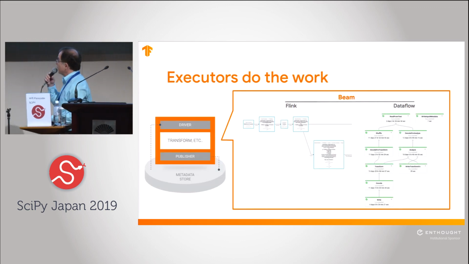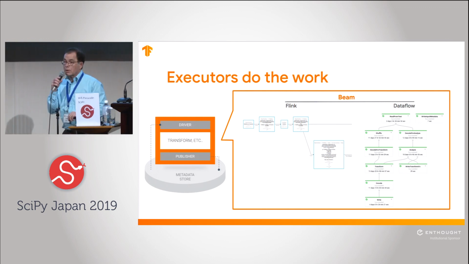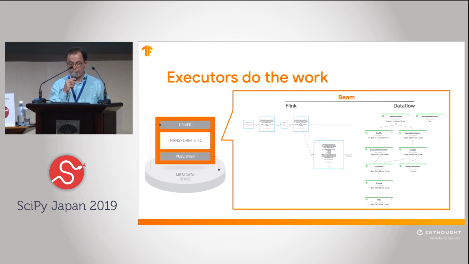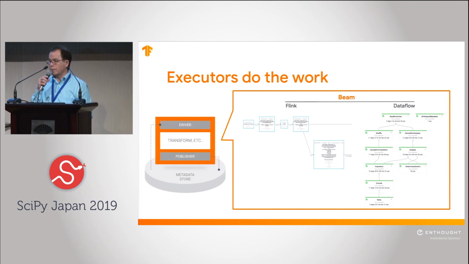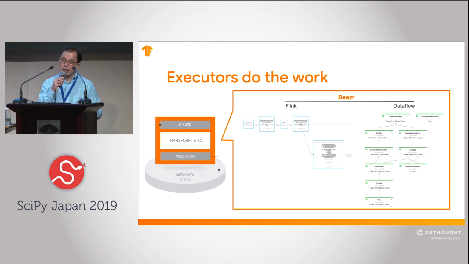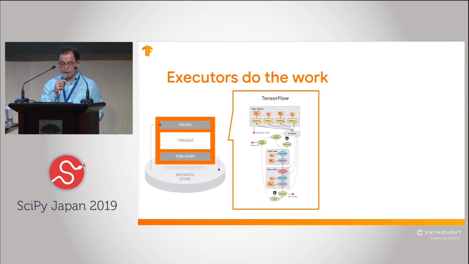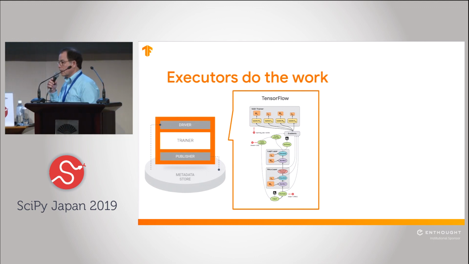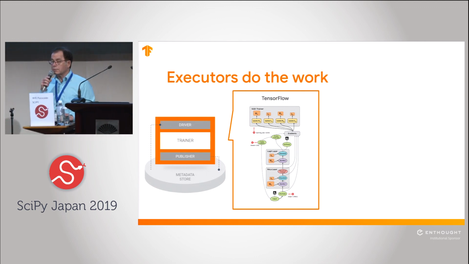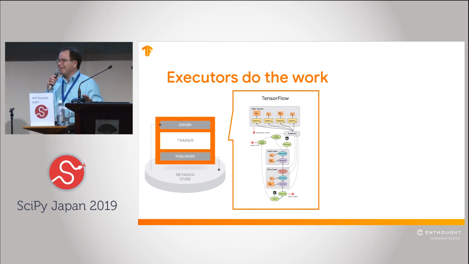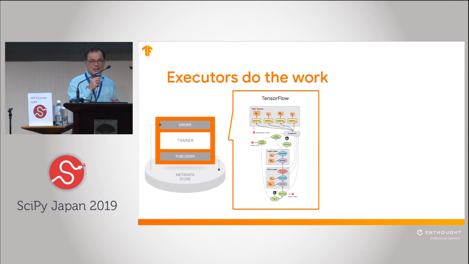So several of the components use Beam. And Beam, as I just said, runs on top of the distributed processing framework. In this example, Transform, one of the components, uses Beam. Other components, well, actually, one other component, well, sort of two. One main one, anyway, uses just TensorFlow.